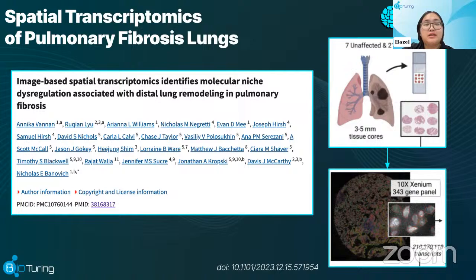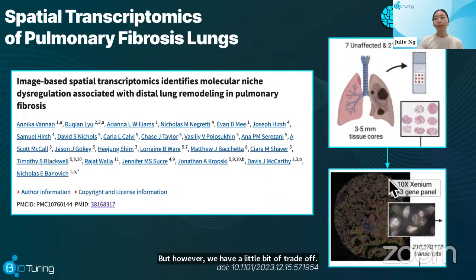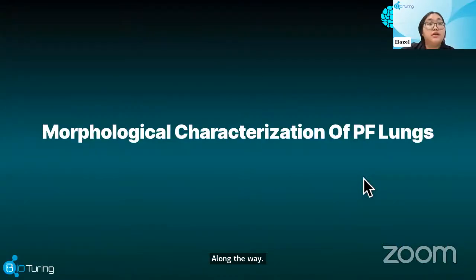Please keep in mind that we got single cell resolution, which is the best, but we have a little bit of trade-off along the way. Now I think it's time to dive right into the morphological characteristics of the pulmonary fibrosis lung.